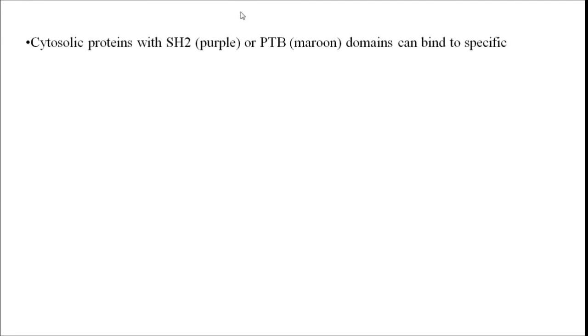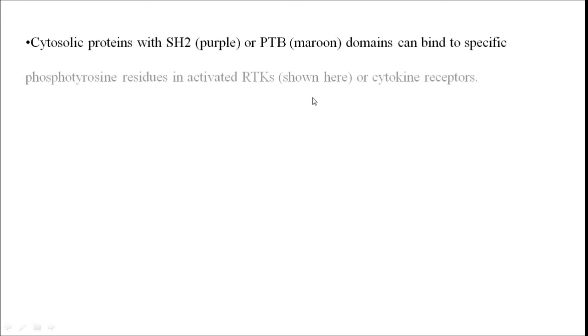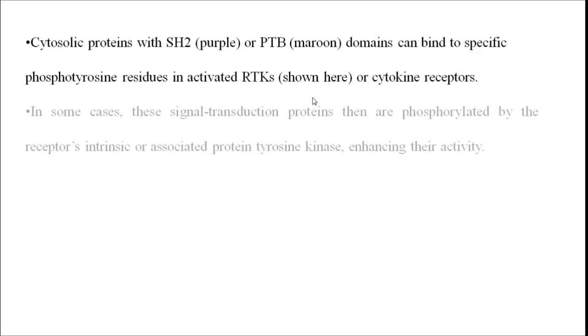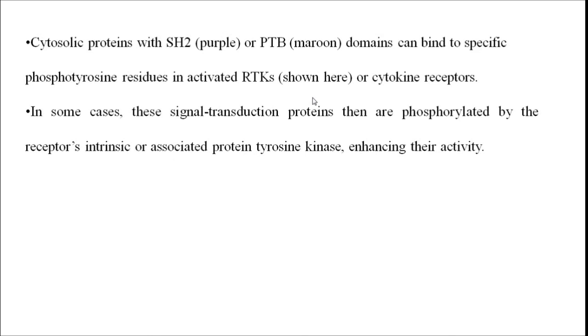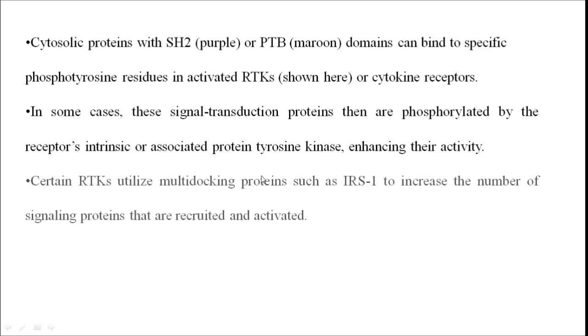So these cytosolic proteins with the SH2 or the PTB domain can bind to the specific phosphotyrosine residues present on the receptor tyrosine kinase or cytokine receptors. Once these proteins are phosphorylated, they carry out the phosphorylation of different proteins, and they enhance the activity of the receptor tyrosine kinase.